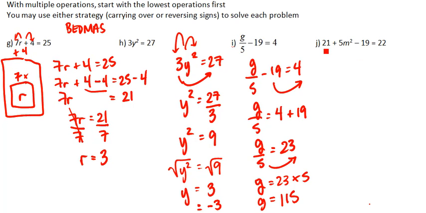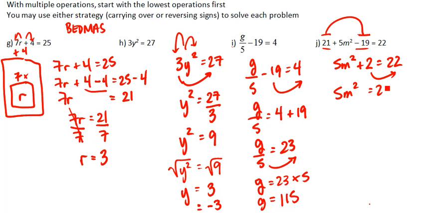I see I have numbers on all the sides, and then I have some operations. Well, I can combine my numbers first, so I have 5m squared, and then I simplify 21 and minus 19 to make plus 2 equals 22. Then I carry over as normal, 5m squared equals 22 minus 2. 5m squared equals 20.